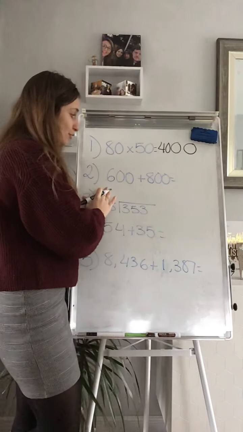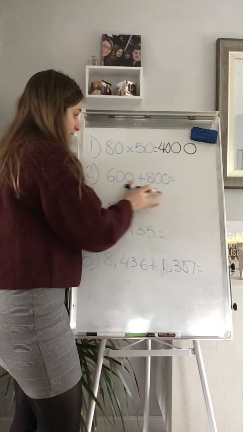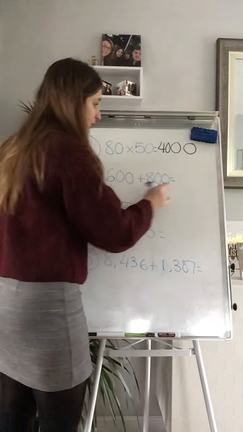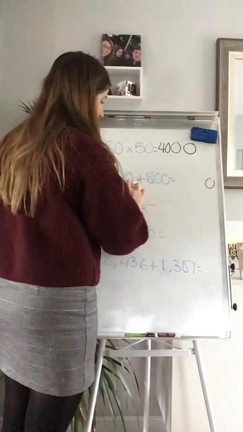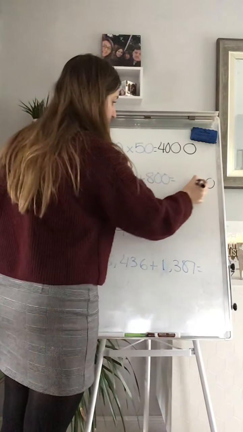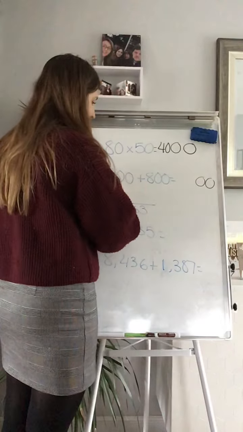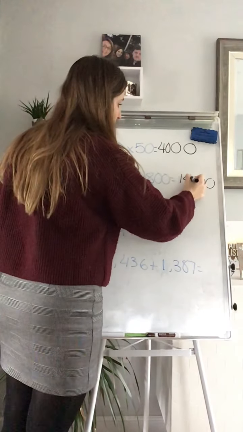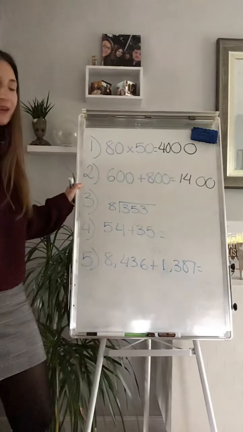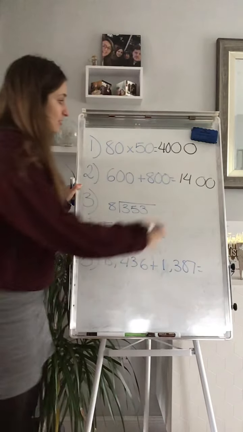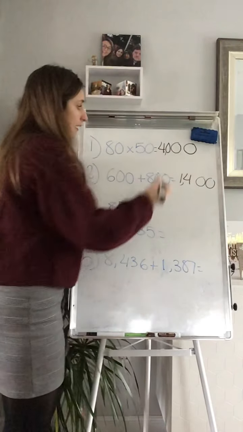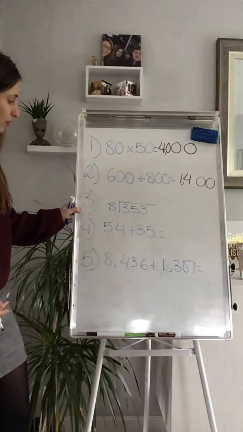And we go to number 2, where you have to add 600 and 800. Well, you know that 0 plus 0 is 0, 0 plus 0 is 0, 8 plus 6 is 14. Okay? So you have 1,400.